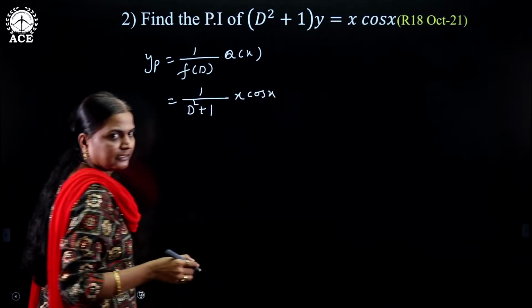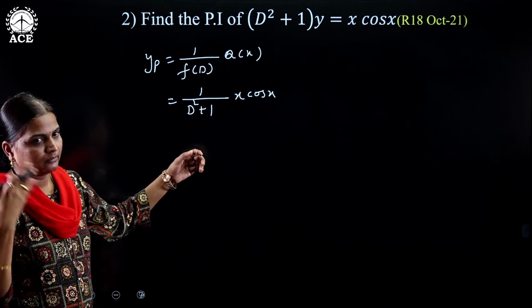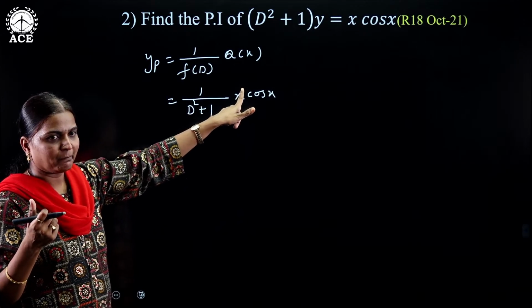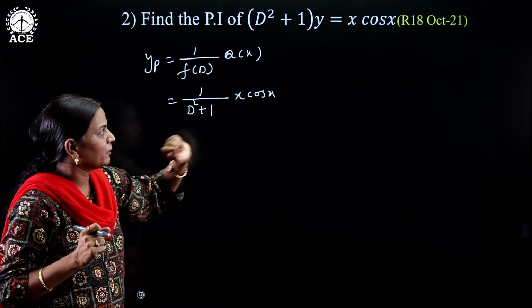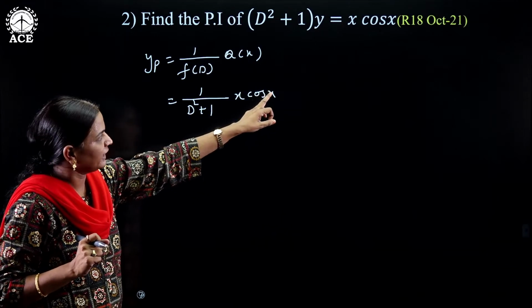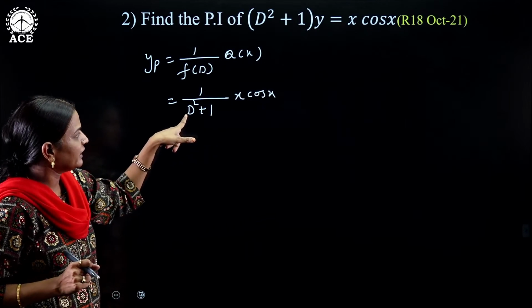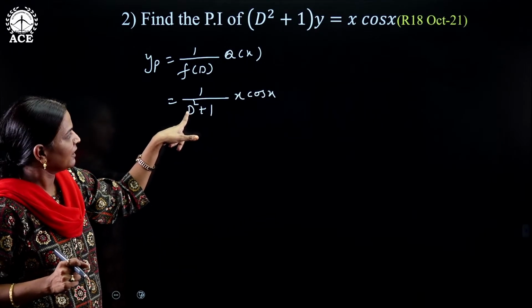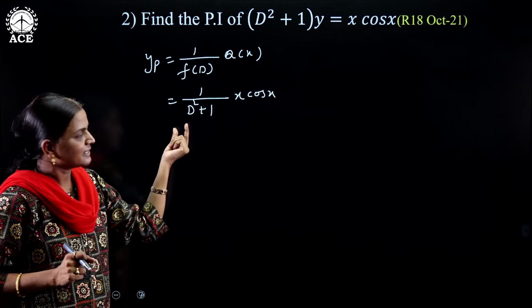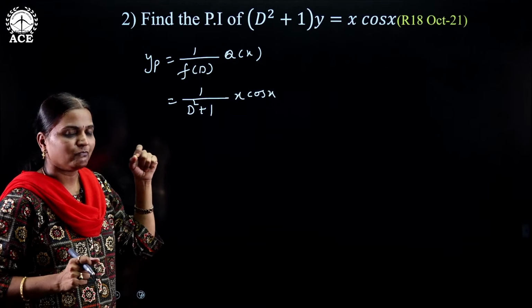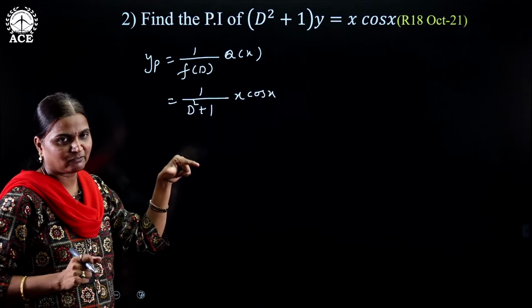Observe clearly. Here, replacing D squared by minus a squared, what is the a value here? 1. If we put D squared equal to minus 1, then minus 1 plus 1 is 0. So that's why we don't apply the first case.